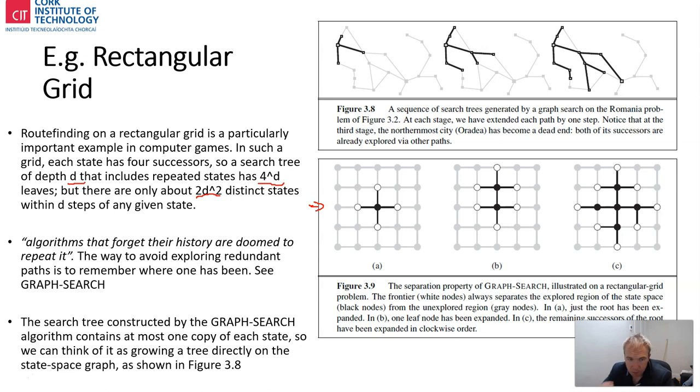This leads on to the tenet that algorithms that forget their history are doomed to repeat it. So if we keep considering redundant paths, we are repeating it. So we avoid exploring redundant paths by remembering where we've been previously. And this brings us back to our graph search algorithm, which was a couple of slides back. There's very little differentiation between tree search and graph search.